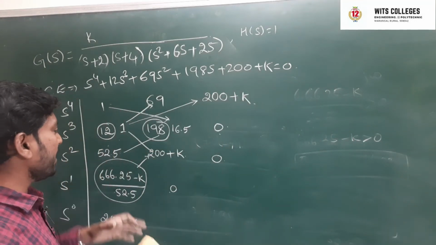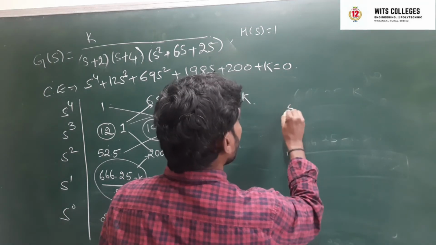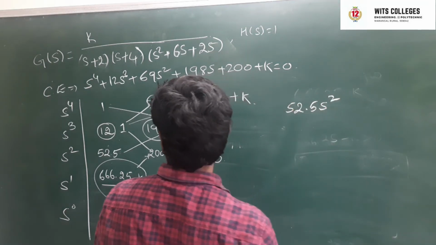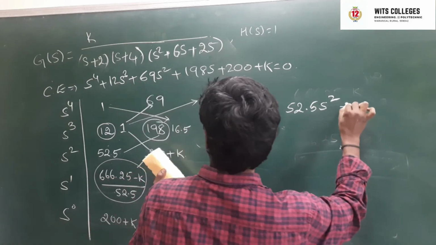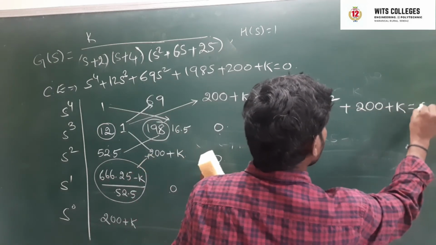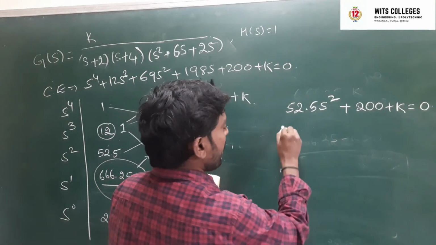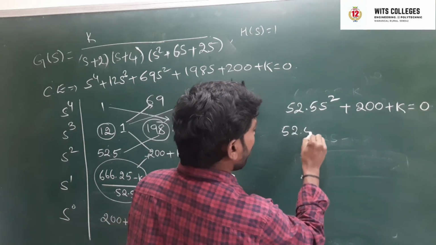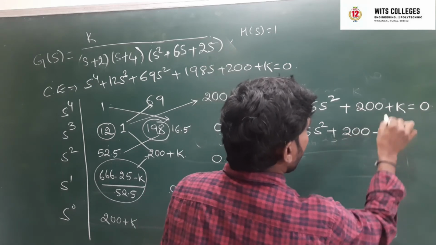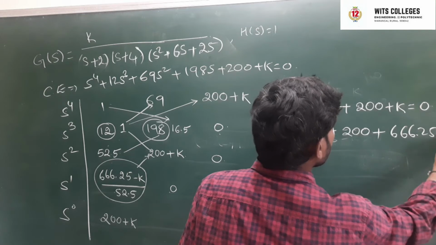In this auxiliary equation, 52.5 s square plus 200 plus k is equal to 0. By using this equation, 52.5 s square plus 200, where the value of k is 666.25, is equal to 0.